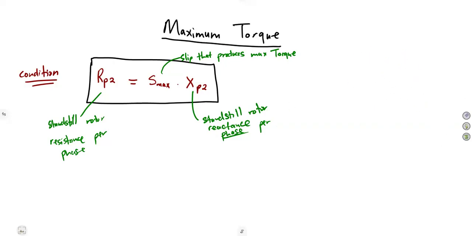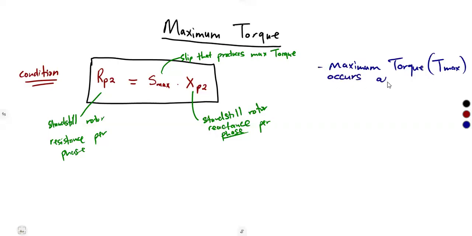So we are going to notice that the maximum torque, which is T max, occurs at the speed.